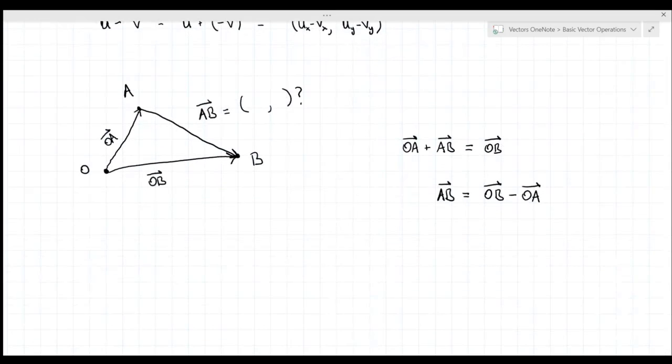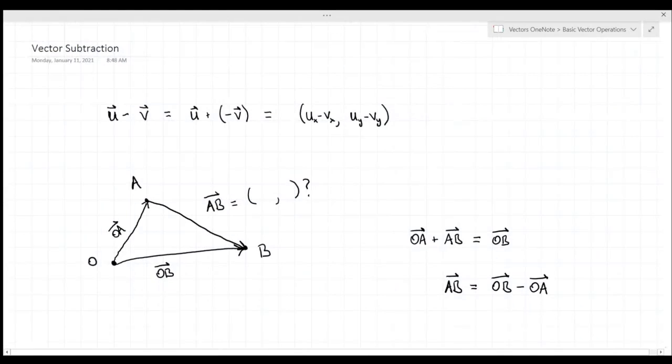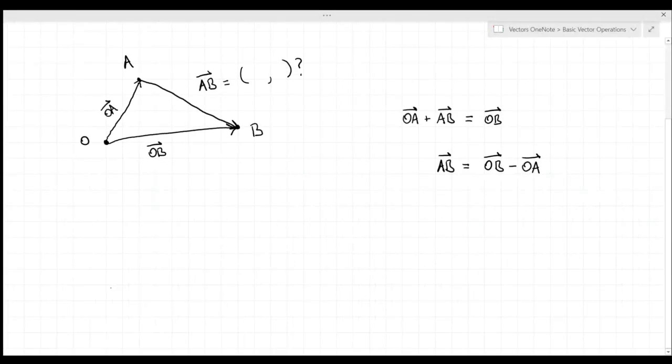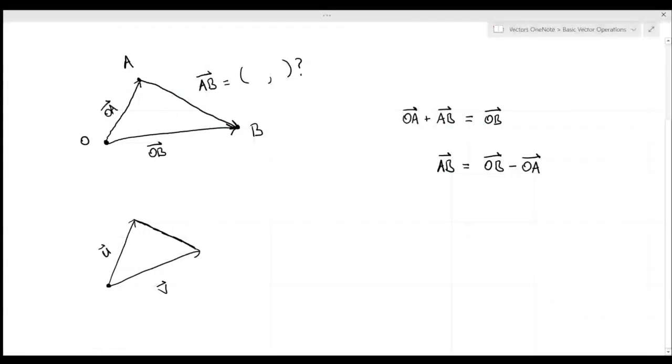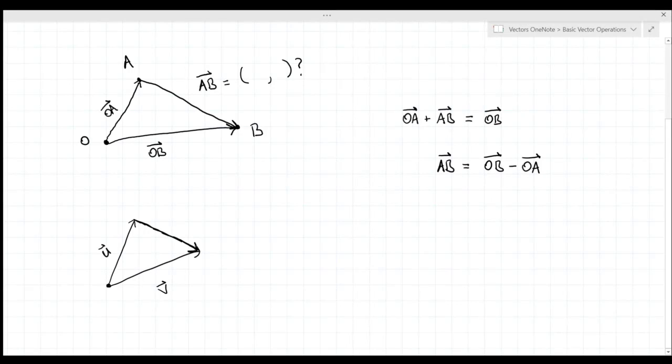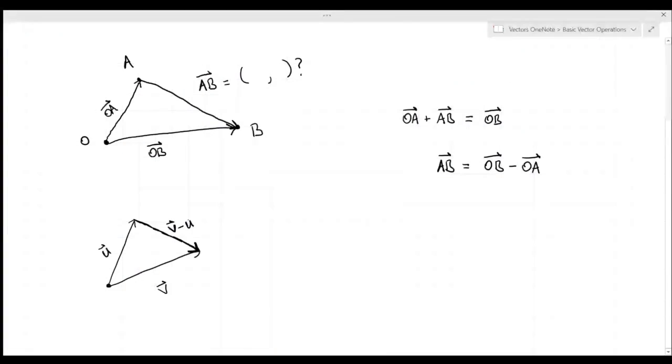So if you just focus on the vectors in particular, when your vectors are connected tail to tail, let me just call this u and v now. If you form a triangle with your vectors connected tail to tail, then this time the third edge of that triangle, rather than being their sum, now represents their difference instead.